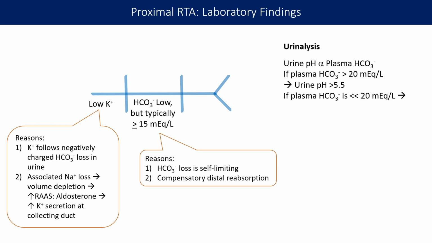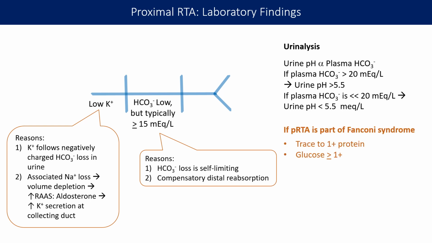However, if we leave these patients alone in the acidemic state with low plasma bicarbonate level, the urine pH will be low. If patients have proximal RTA due to conditions associated with Fanconi syndrome, mild degree of tubular proteinuria and glucosuria may also be seen.